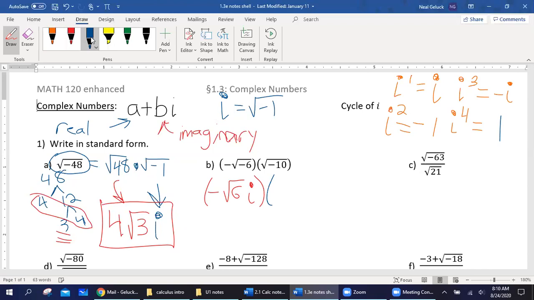Square root of -10, I'm just going to say root 10, and then bring out an i. So now if I multiply together, remember I can multiply square roots together. So this is going to be negative square root of 60. i times i is i squared.